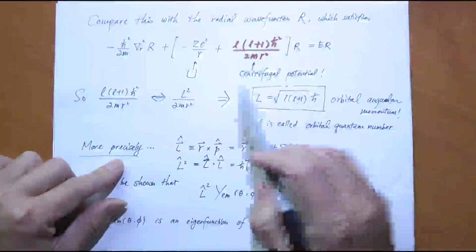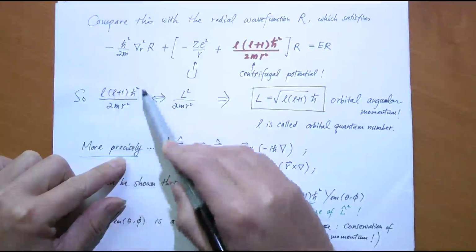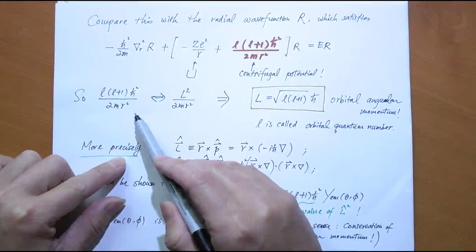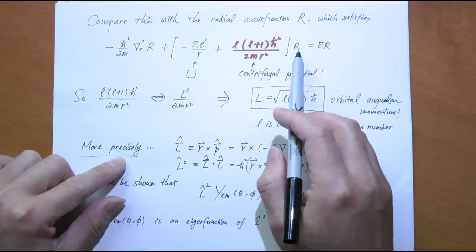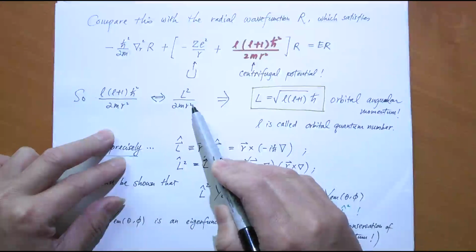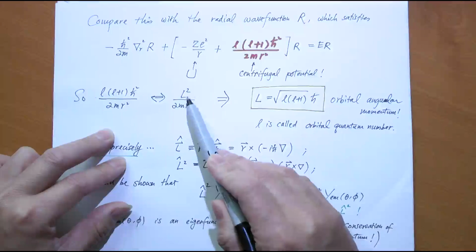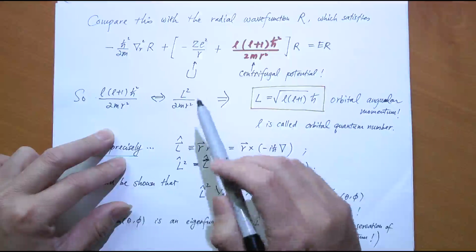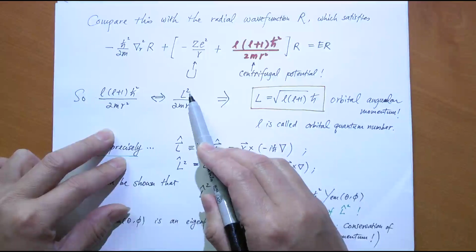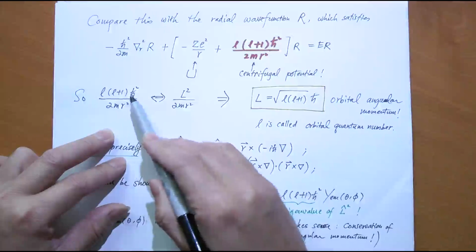So if you look at the analogy between the classical case and the quantum case, you'll find that this is the centrifugal potential contribution to the Schrödinger's equation radial wave function in the quantum case. And so they are equivalent to each other. The denominator actually cancels out, and that tells you that the magnitude squared of the angular momentum in the quantum case in fact equals L times L plus 1 times h bar squared.